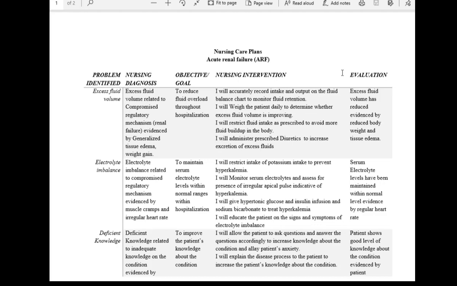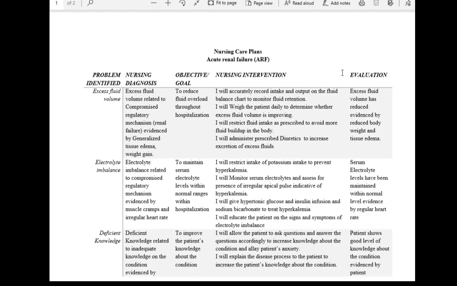The nursing diagnosis: excess fluid volume related to compromised regulatory mechanism, which is renal failure, evidenced by generalized tissue edema and weight gain. So the excessive fluid volume is due to the compromised or the failing regulatory mechanism, which is the renal system.